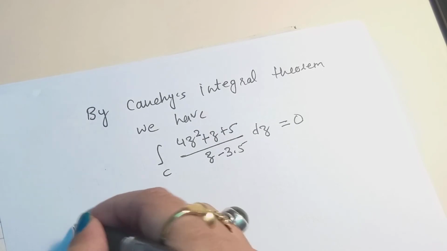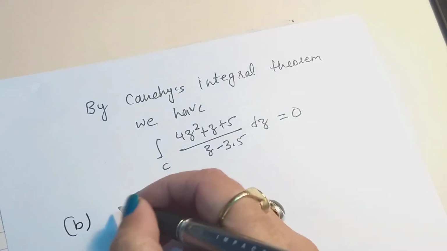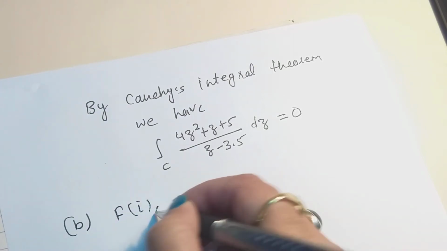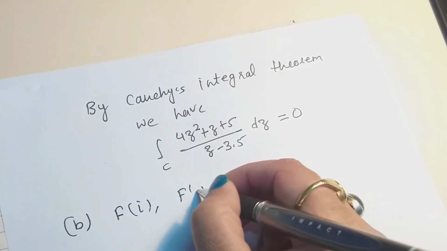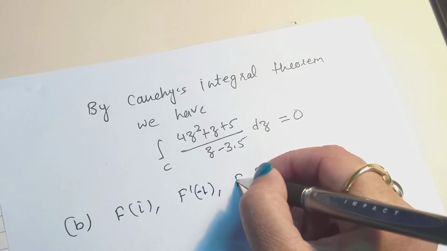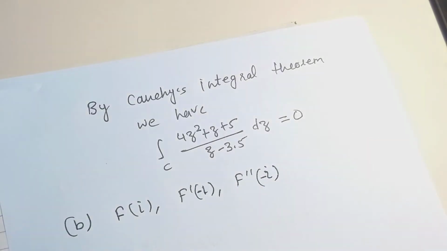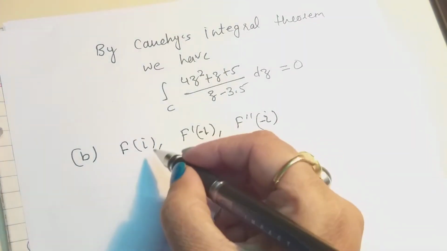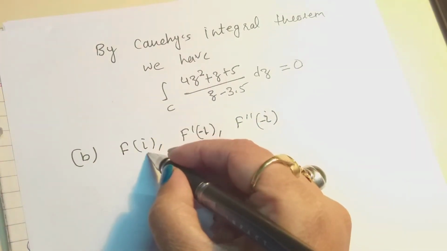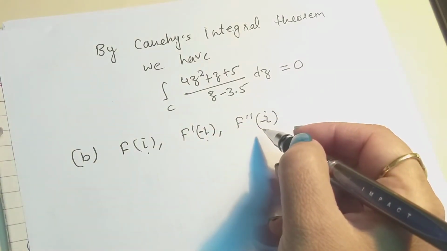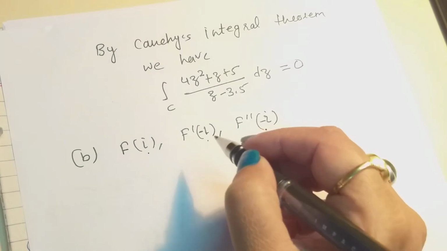Now the second option, where we have to find out F(ι), F'(−1) and F''(−ι). So here α is equal to ι, −1 and −ι respectively, and all these singular points lie inside that ellipse.